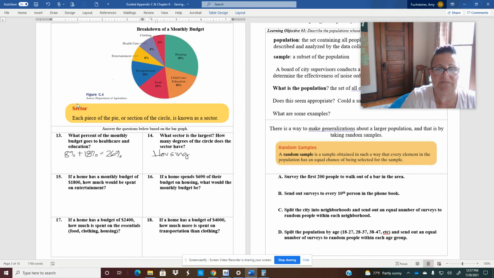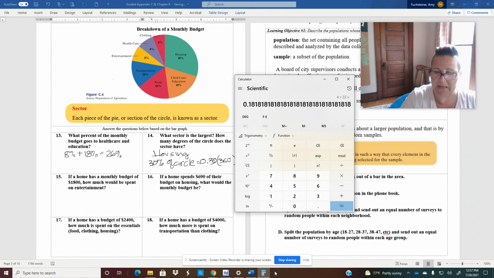How many degrees of the circle does the sector have? Okay, so because it's 30% of the budget, it must also take up 30% of the circle. Do you remember how many degrees are in a circle? We talked about this, which is 0.3 for 30% times the 360 degrees in a circle.